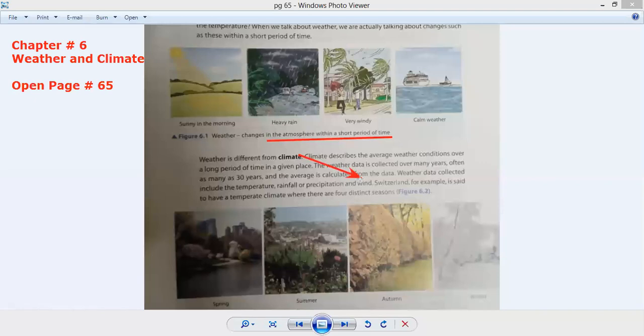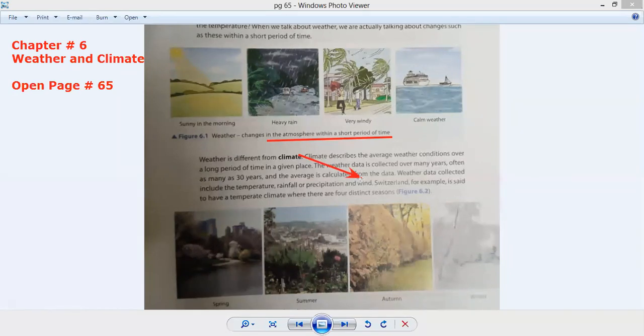Okay, then there is precipitation. Precipitation means that when we talk about the weather, how much ratio is in the air, for wind, for water.